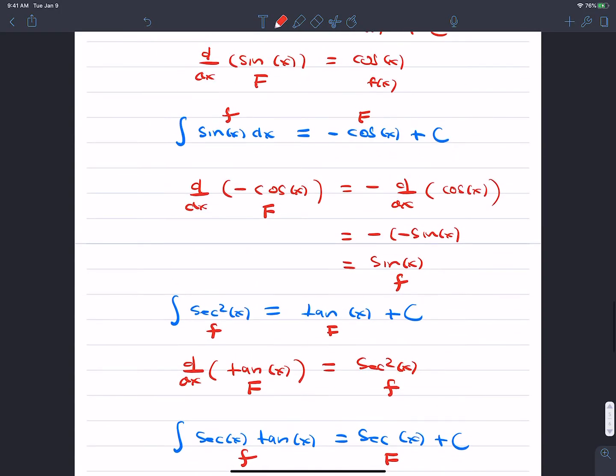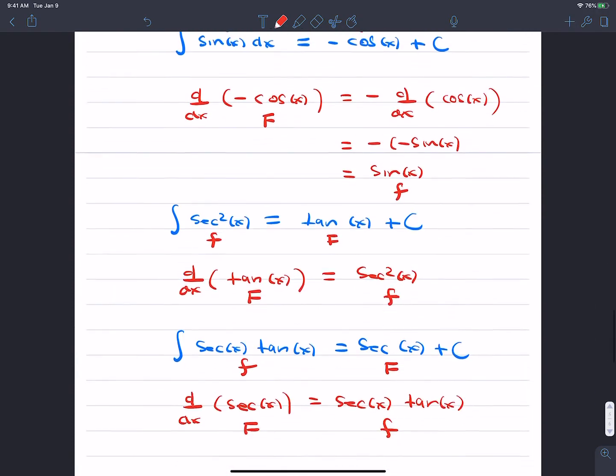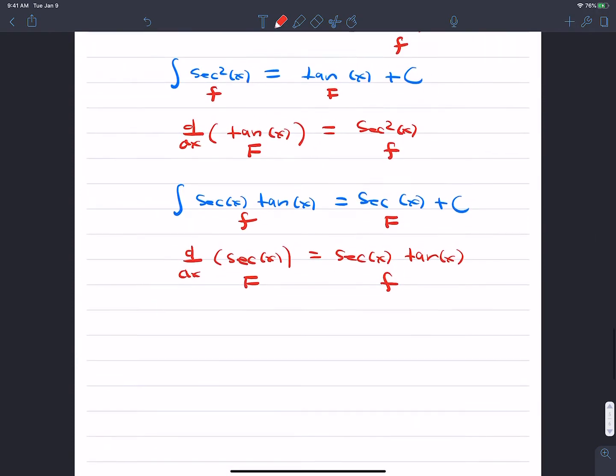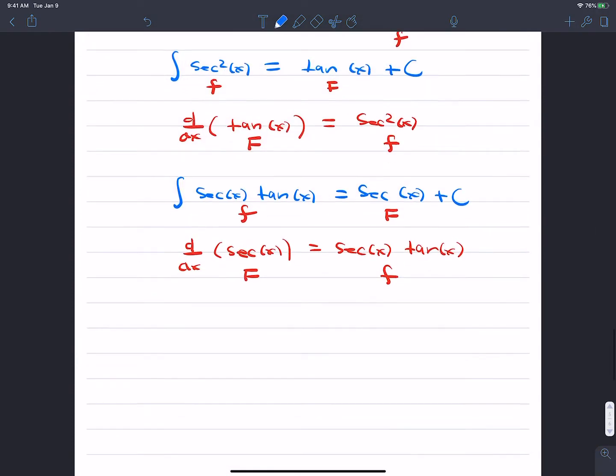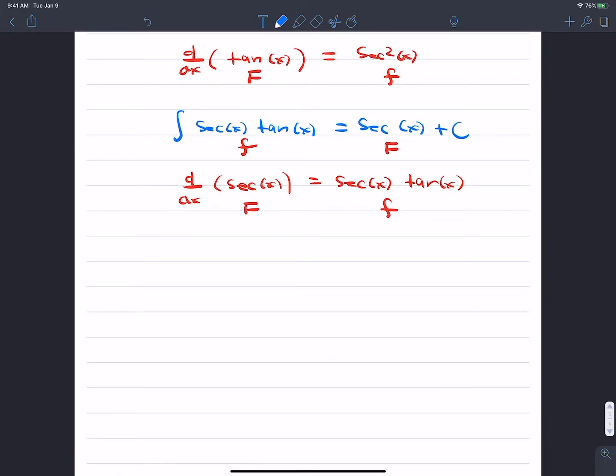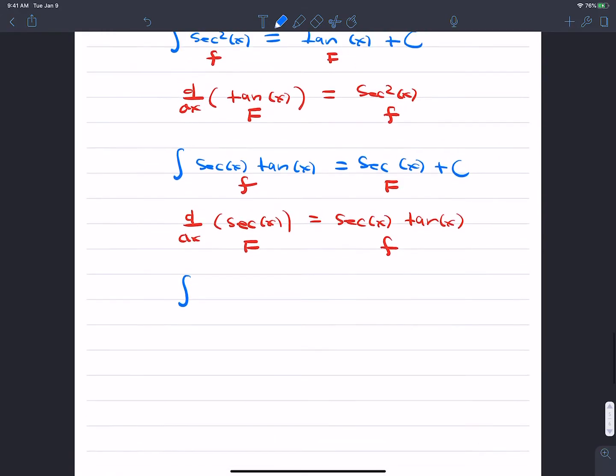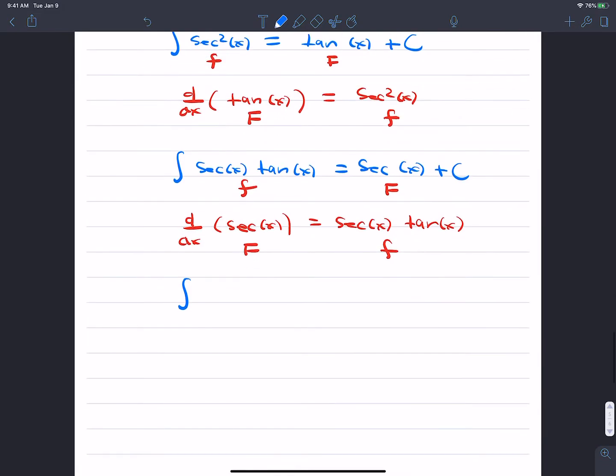So far we have 1, 2, 3, 4 trig functions that we have to remember. And then I think I gave you guys, what did we give you guys last time so you remember here? What's the derivative of cosecant squared? See if you remember. I'm sorry, let me rephrase that.